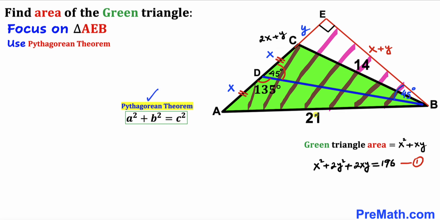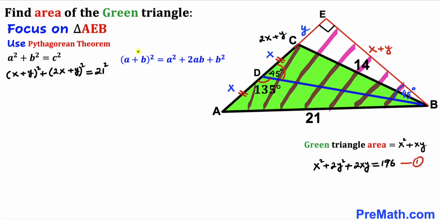In our case, the hypotenuse is 21 and the other two side lengths are 2X plus Y and X plus Y. So we write X plus Y whole square plus 2X plus Y whole square equals 21 square.